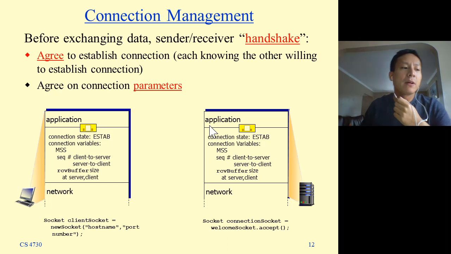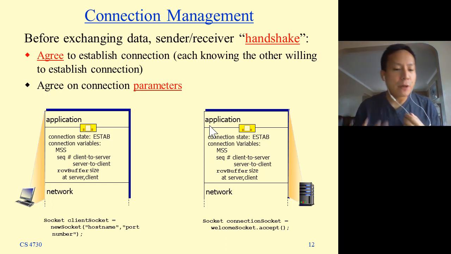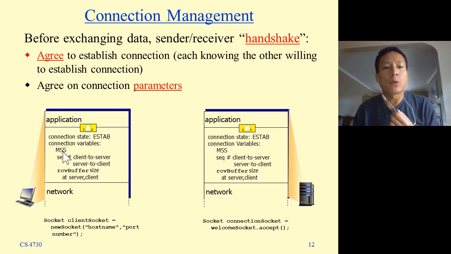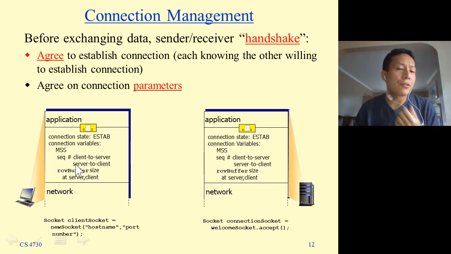So whatever parameters you have to use to establish this connection, for example, the MSS, the maximum segment size, you have to agree on. The size has to be agreed between the receiver and the sender. And then you have to agree on the initial sequence number you're going to use for both directions, and the receiver buffer, right?